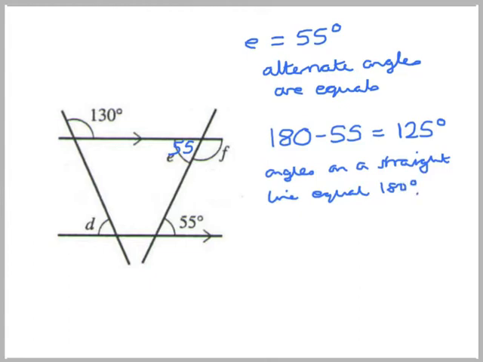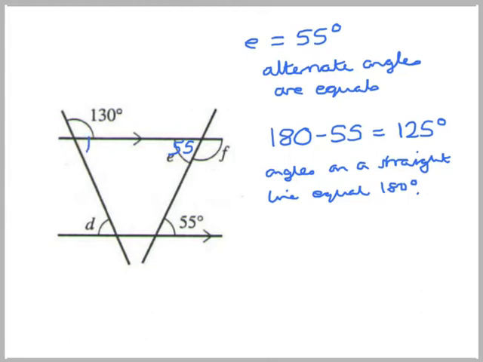Now from there I just need to go and work out D, which is quite a long way away. It's going to require a little bit more work. So if I know this one's 130, I can just start working out other angles that I know around there, and I could either work out that one first or this one here. I'm going to go for this one, but you're going to get to the answer either way.